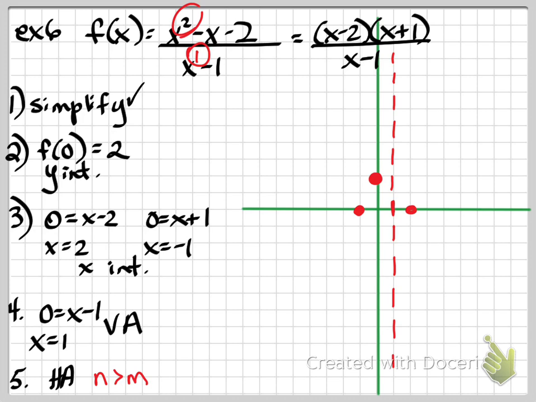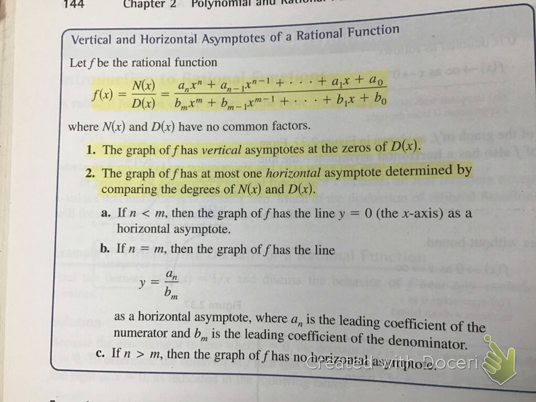Let me show you what I'm talking about, on that chart from the other day. So we got n to be greater than m.